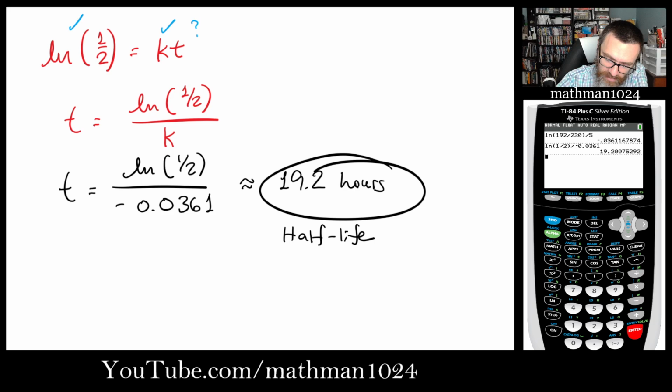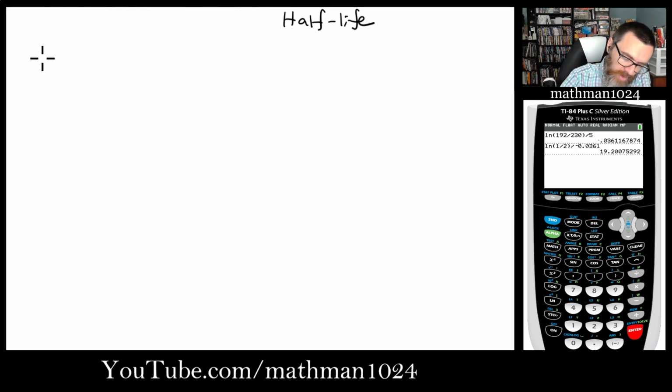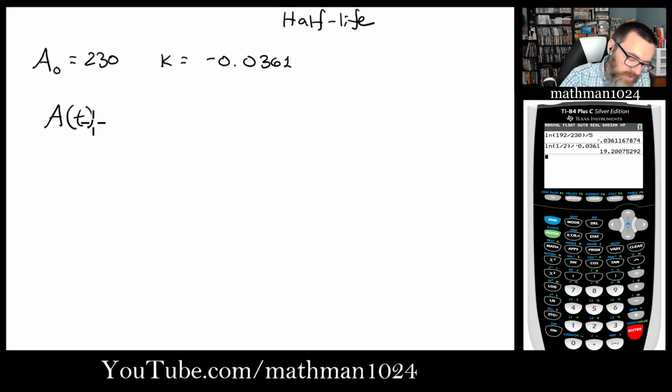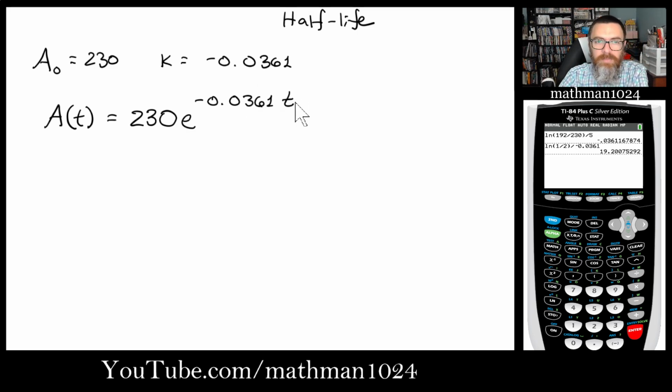The basic format: our initial amount is 230, my k is negative 0.0361. So my function that I can use for anything else in this problem is 230 e to the negative 0.0361 t.